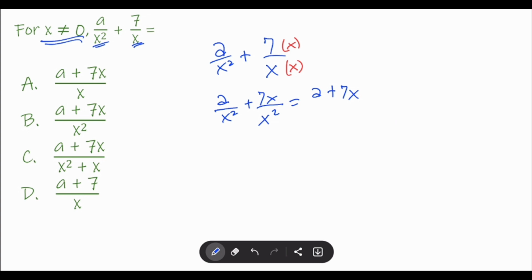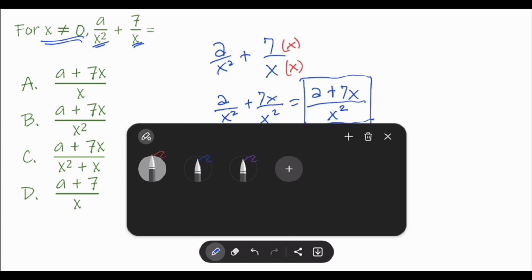One term is a and the other term has a variable x, so they don't have the same variable. And the bottom is x squared, so we'll just copy it. And here's the simplified form: a plus 7x all over x squared. So where is it? It is the letter B.